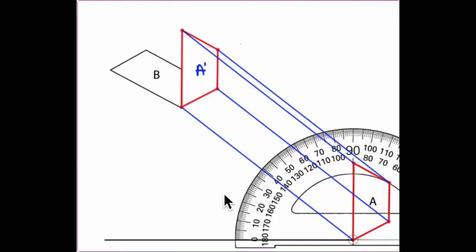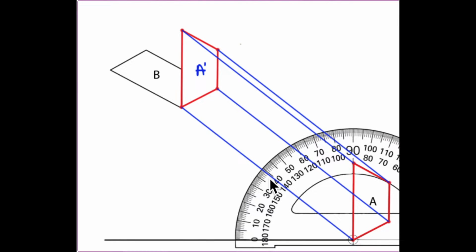So one way is to use a protractor and measure this angle from this horizontal line right here and this line that goes from this point on figure A to this point on figure A prime, which also matches this point on figure B. So that angle measures 39 degrees.